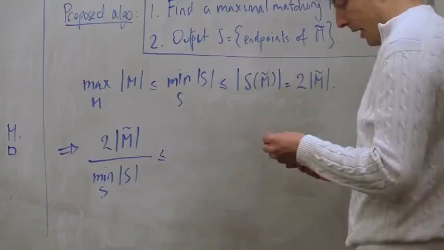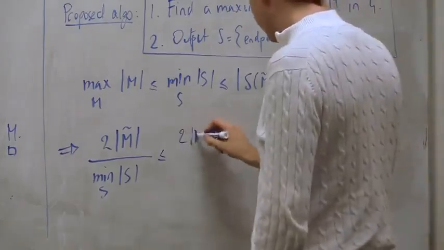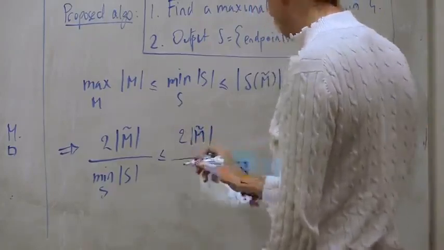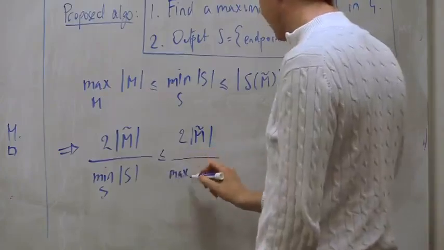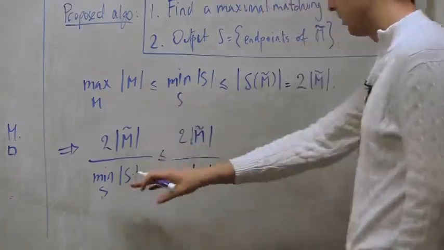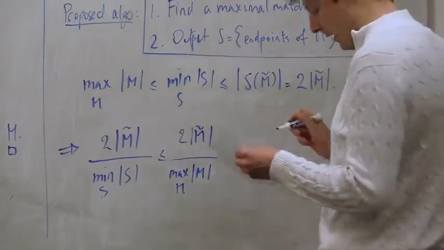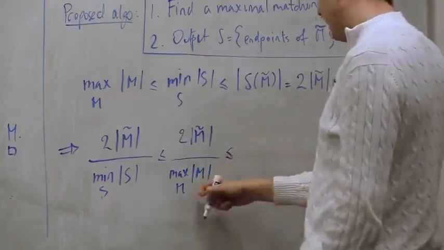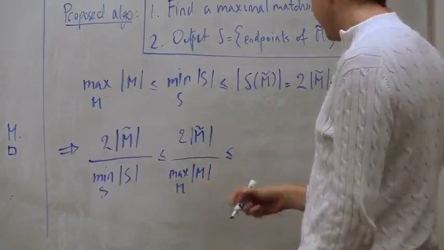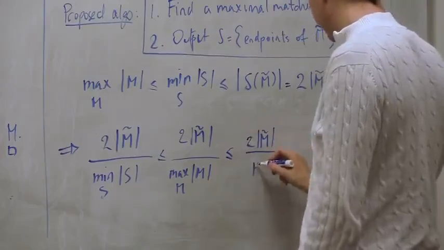Let's see. Certainly, this is no more than the ratio of 2M tilde and the maximum matching, right? Because this is only smaller. So if I replace the denominator and make it smaller, then it can only go up. And the maximum matching is certainly at least as big as a specific matching, M tilde, right?